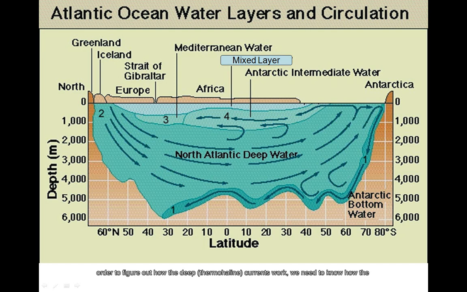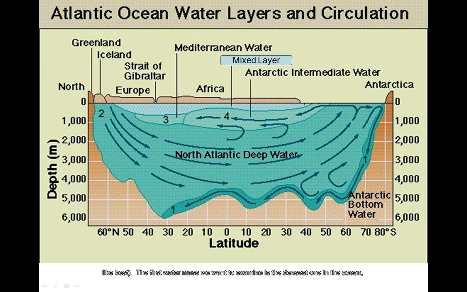Now, in order to figure out how these deep thermohaline currents work, we need to know how the four most important water masses in the Atlantic Ocean get created. Okay, those four masses are numbered on this diagram according to density. And because these currents are so complex, many slightly different diagrams like this one exist. This is simply the one that I like best.